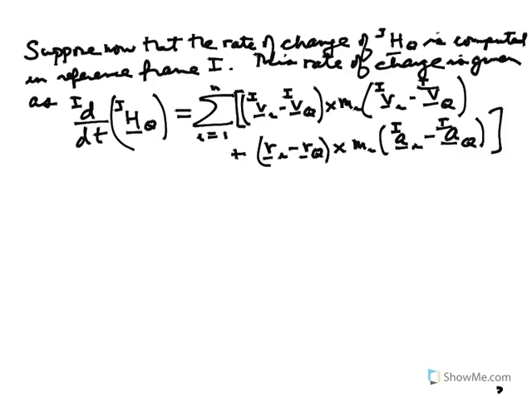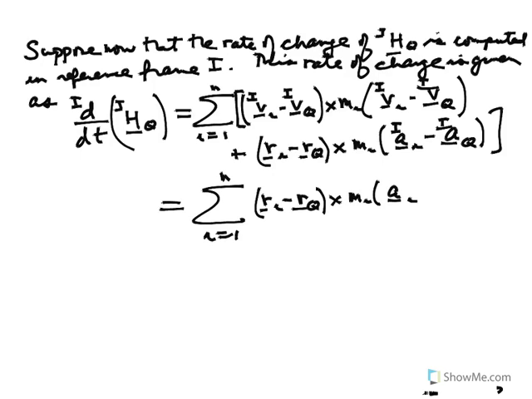Now you can see that the first term is equal to 0 because Vi minus VQ crossed with Mi times Vi minus VQ is equal to 0. So this simplifies to the sum from i equals 1 to n of Ri minus RQ crossed with Mi times Ai in I minus AQ in I. And we can now split this into two sums.